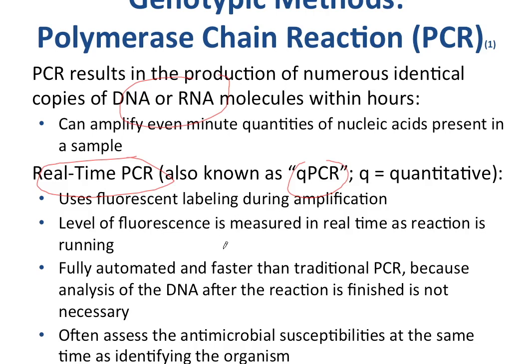For example, we run 30 cycles for the amplification. If the DNA concentration is high, maybe we can get the signal even at the 10th cycle. So we get the 10th number for this DNA.